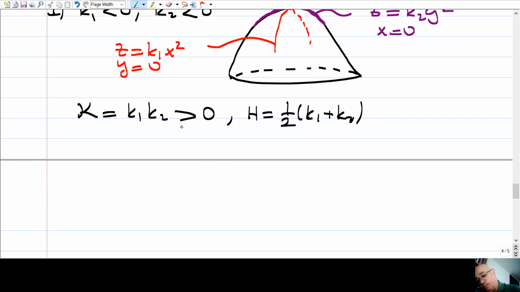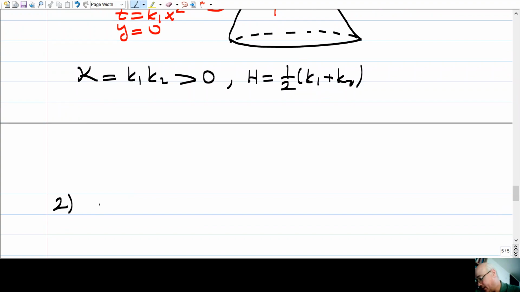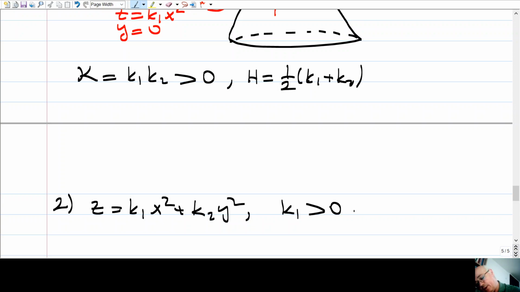For the quadratic surface z equals again K1 x squared plus K2 y squared, but this time let's say K1 is positive and K2 is negative.